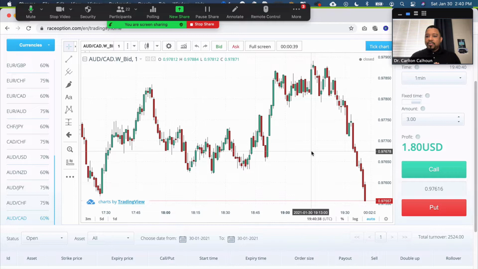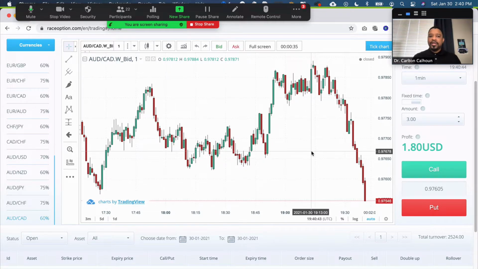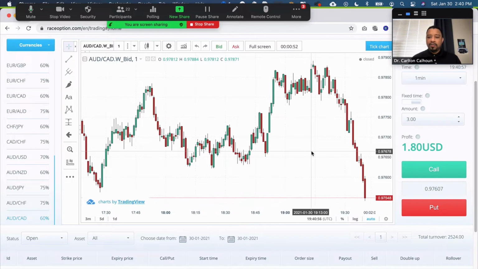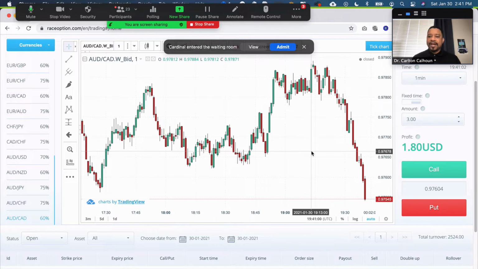My personal recommendation, obviously never risk more than 3 to 5% of your balance. Have a set amount that you are willing to risk, that you want to win for the day. So for me, my personal goal every time I trade is 5%.